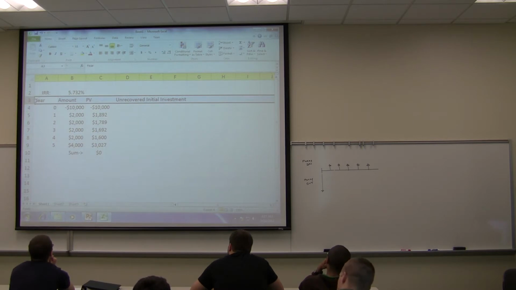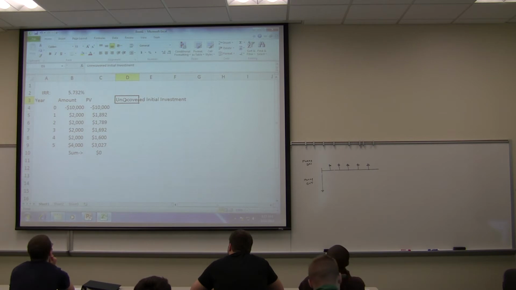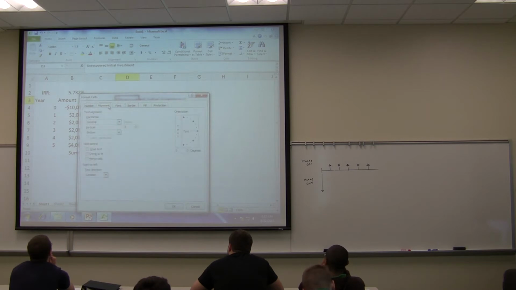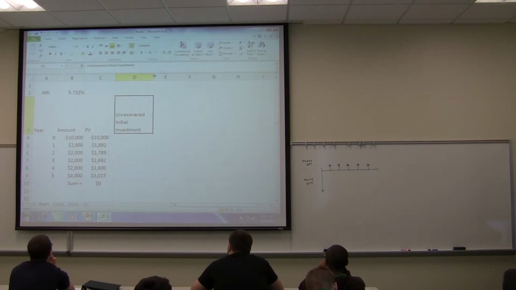I don't want it to be quite that wide, so here's something I learned when I was a freshman, sophomore in college. If you right-click on a cell, format, alignment, wrap, then it makes it so that it stays in the space available.